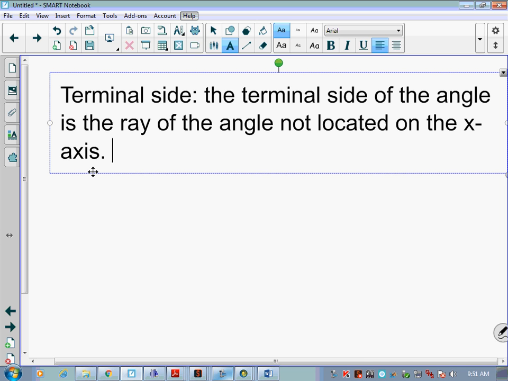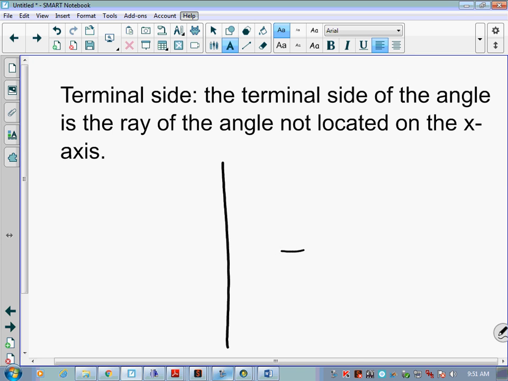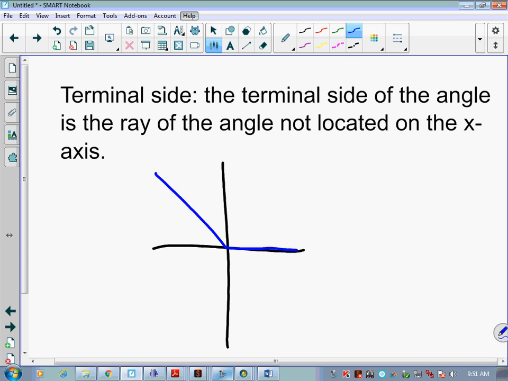Going back to what we looked at earlier, this is not the terminal side. The terminal side is the ray of the angle that is not on the x-axis, so that would be this length right here. This is still my angle, but that red line represents my terminal side. Does that make sense? We are starting from that blue line and ending at the red line. We're going to end at the terminal side.